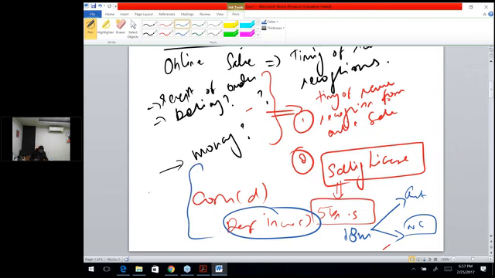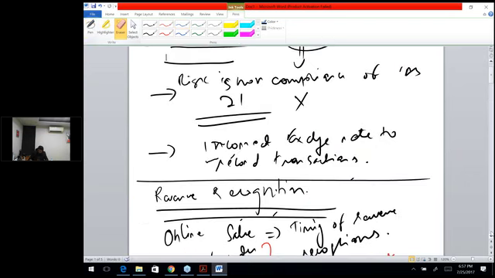So what exactly is another risk? Another risk is that the deferred income is not split between the current and the non-current liability.